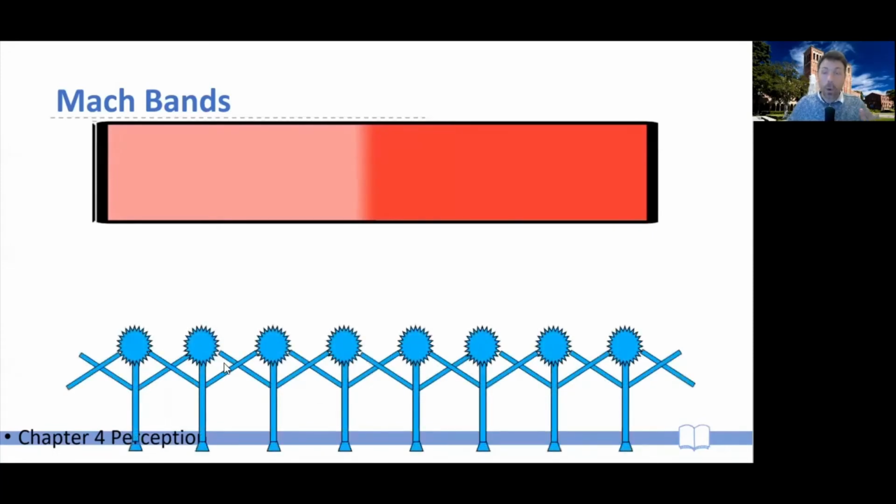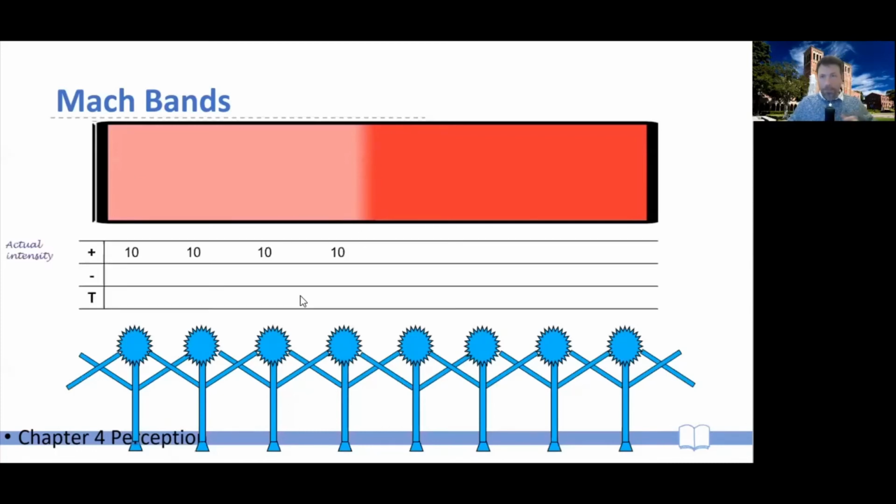Each of these neurons, all that they do is they see if right in front of them there is something or not. That's all that they know. Now, for the sake of this example, I'll put some numbers which will help explain how lateral inhibition works and how Mach bands emerge from lateral inhibition.